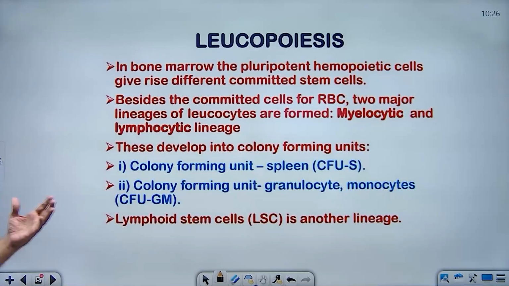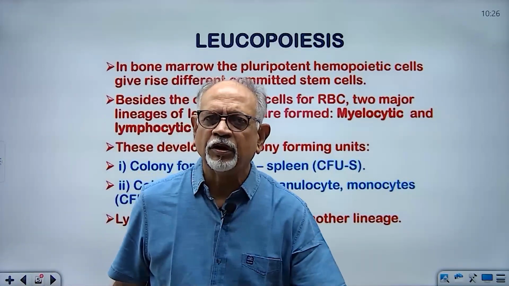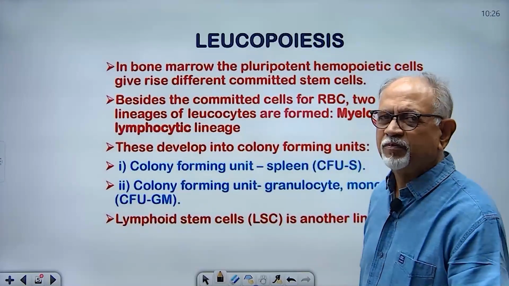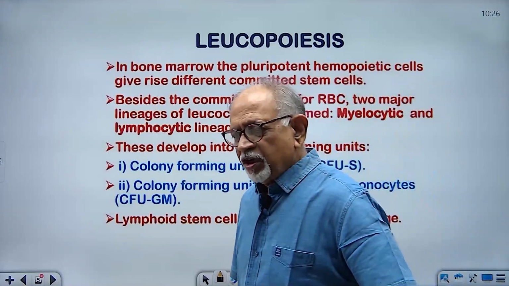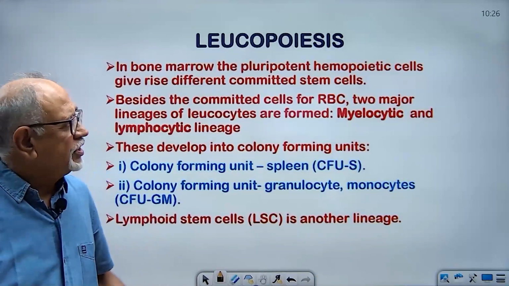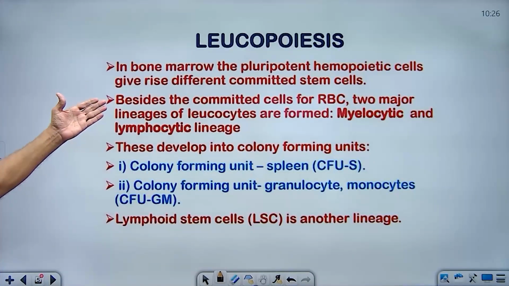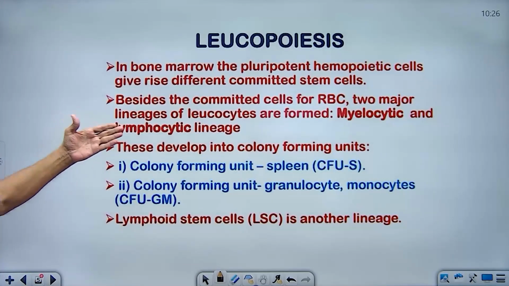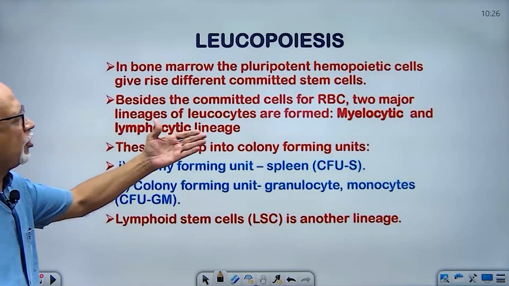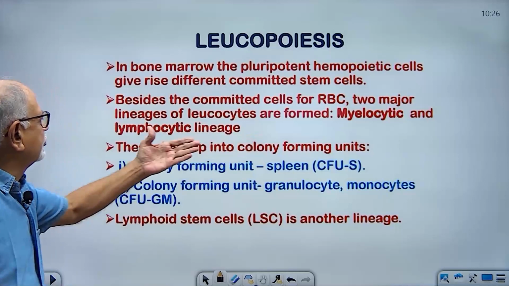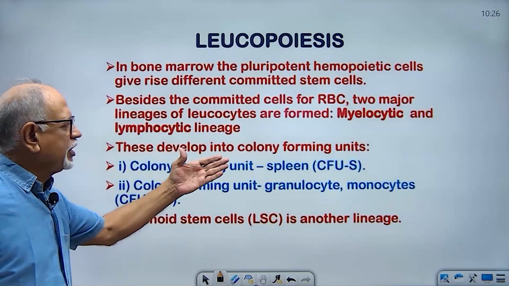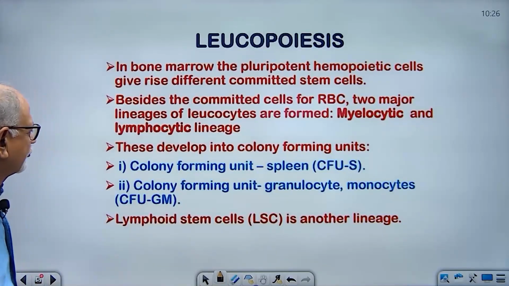Now, leucopoiesis. Leucopoiesis is the phenomenon of production of white blood cells. Apart from the stem cells which produce erythrocytes, there are other pluripotent cells, called myelocyte and lymphocyte lineage. These develop into colony forming units.